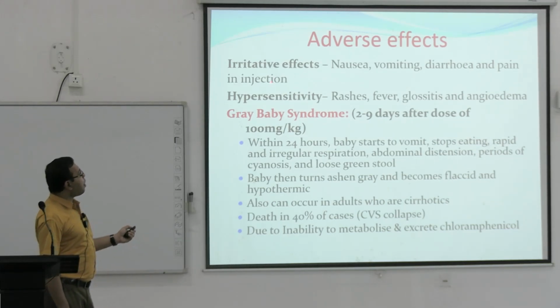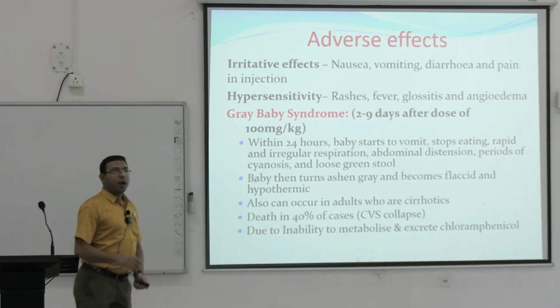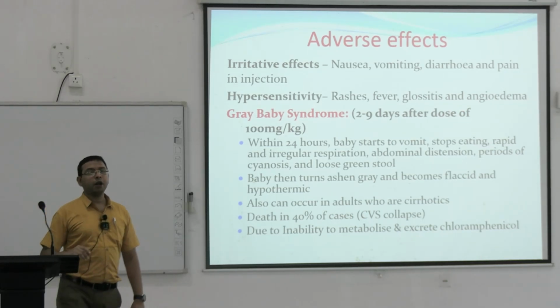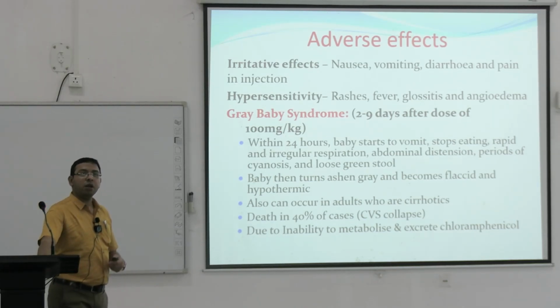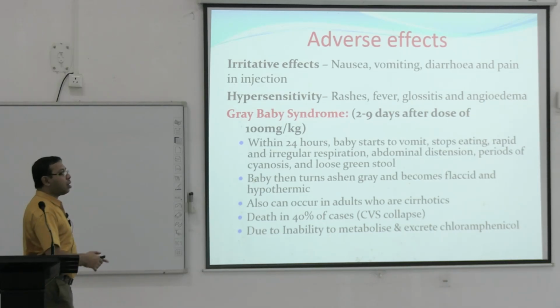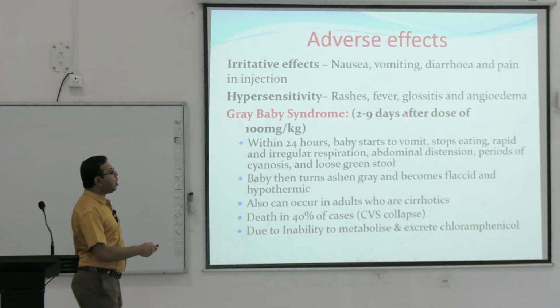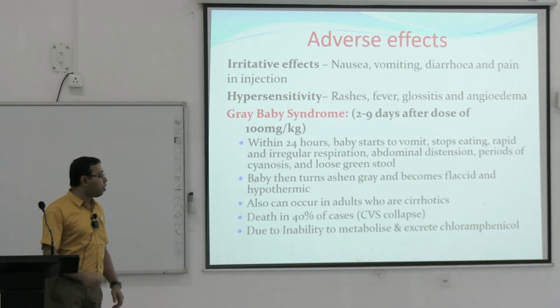Nausea, vomiting, diarrhea, pain at injection, angioedema can develop. Another typical adverse effect of chloramphenicol is gray baby syndrome. Gray baby syndrome can develop if we are using this in infants, usually 2 to 9 days after starting, at a dose of 100 milligram per kg, that is a high dose, as it was used previously.